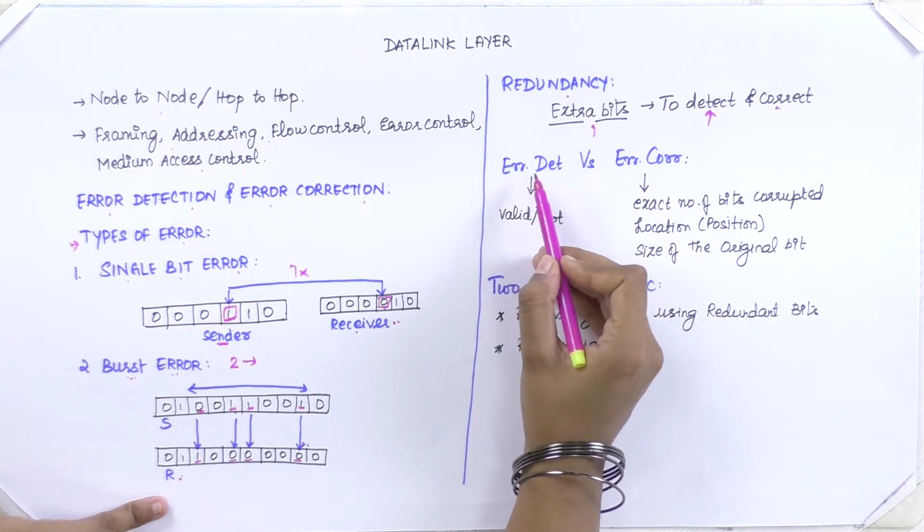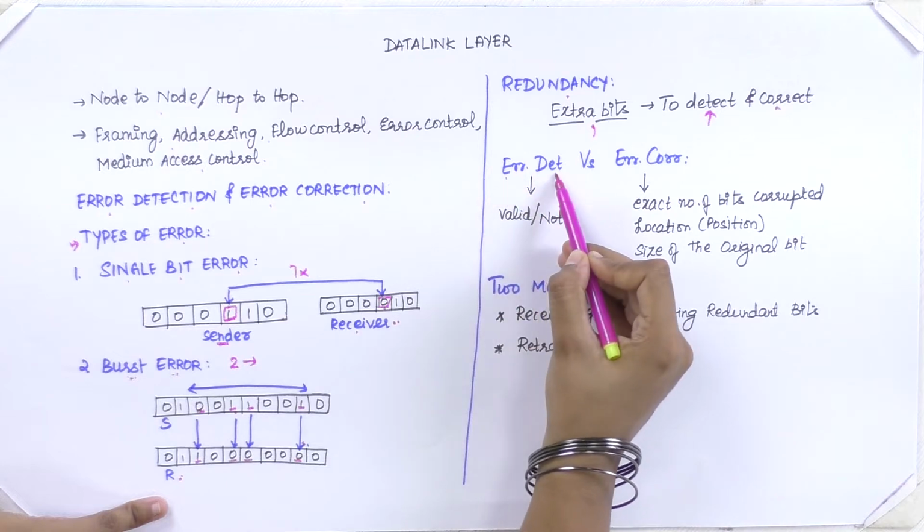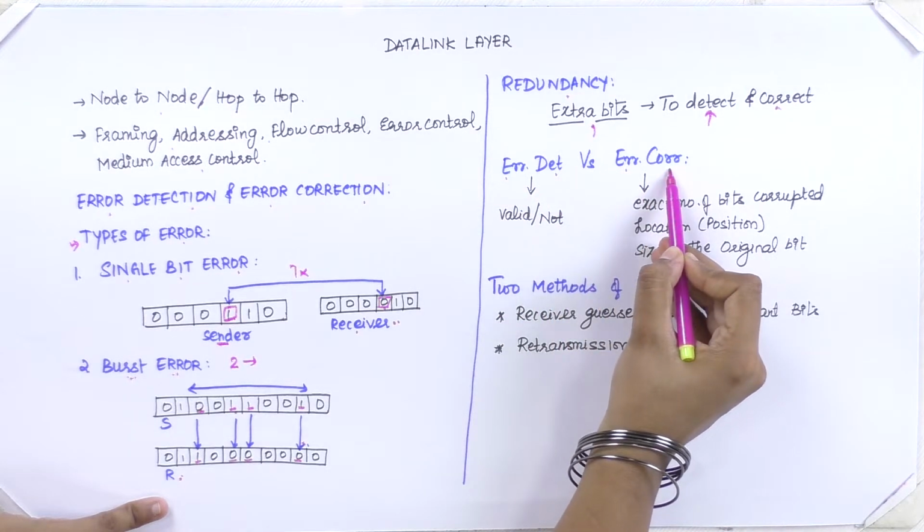So next, coming to the difference between error detection and error correction. Detection is finding out whether the data received by the receiver side is a valid message or not.